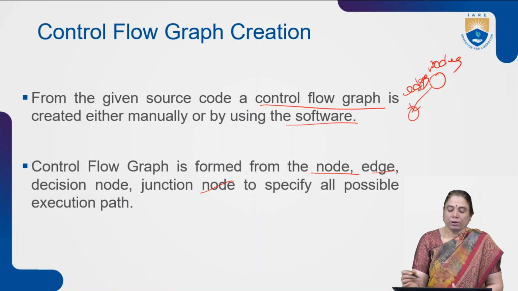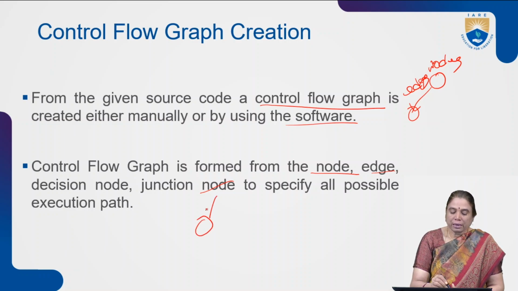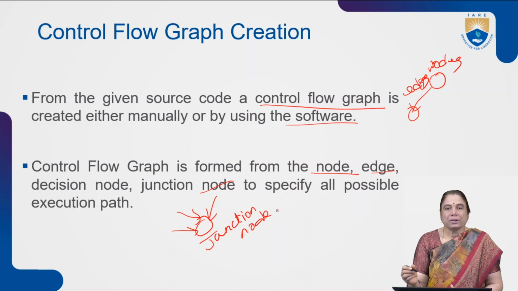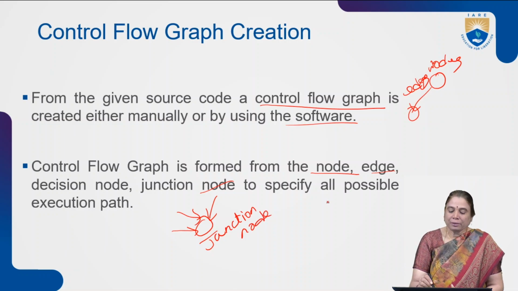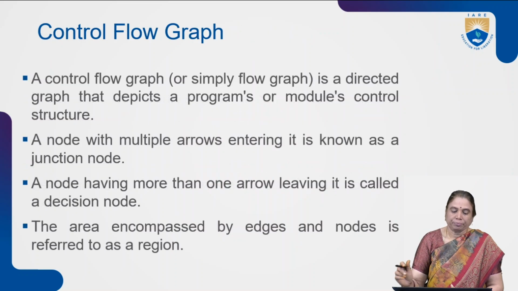If multiple paths combine at a node, then this is called a junction node. And if paths are divided based on a condition, then these are called decision nodes. So these are the major components while creating the control flow graph.